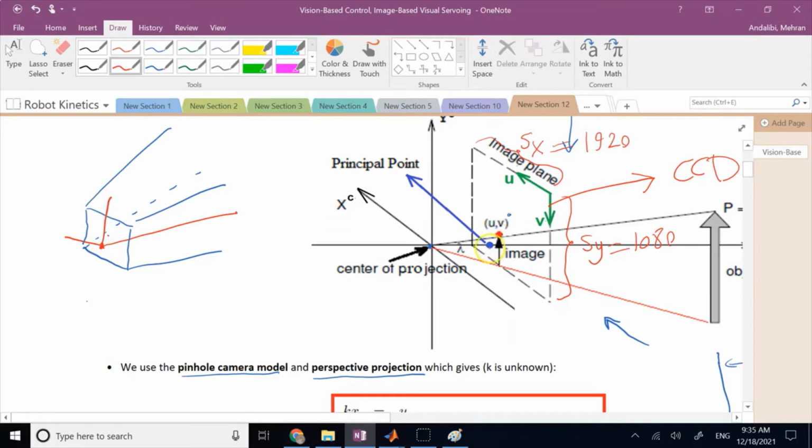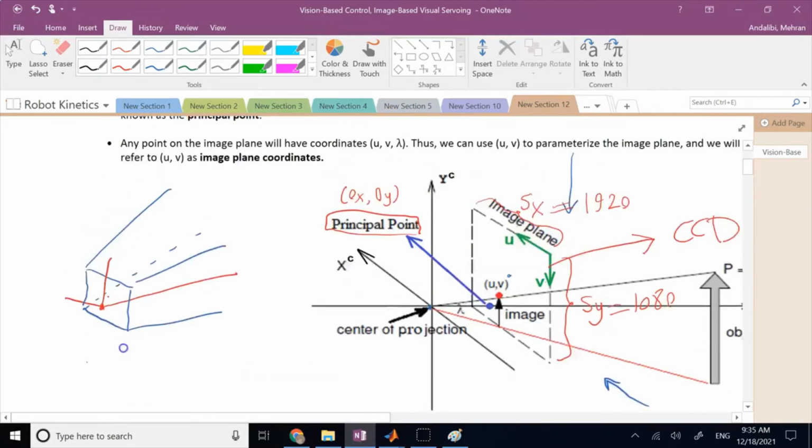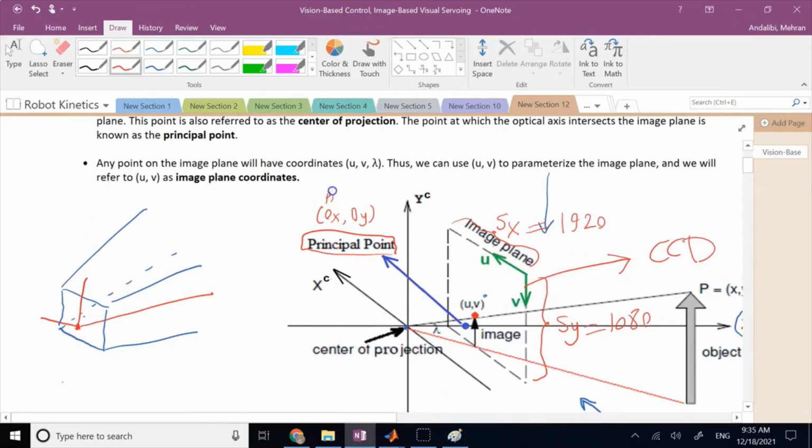So that location, which here I showed with this blue circle, we call the principal point, and we show it with OX and OY. The unit for OX and OY is, since they are compared to SX and SY, pixels. Okay, so they are in terms of pixels, as well as this SX and SY.